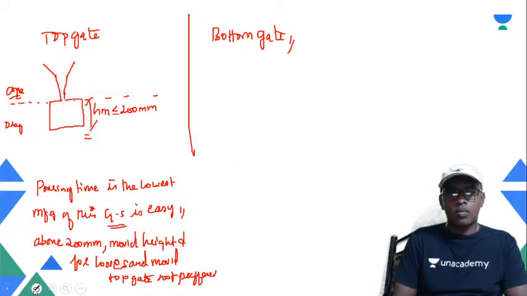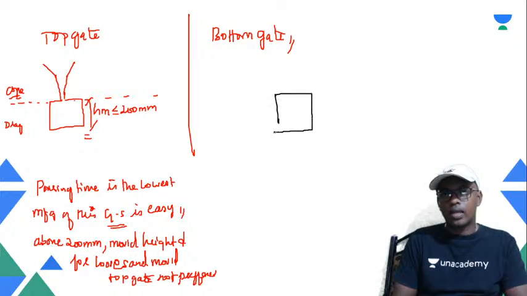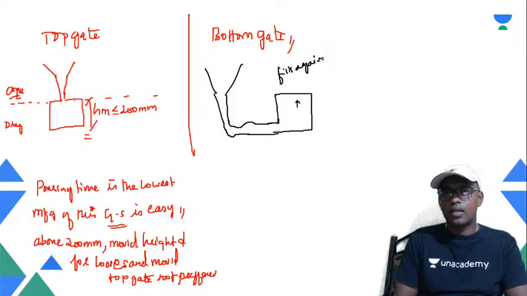Whereas coming to the bottom gating system, it is like the usual diagram that we make. The problem here, my dear people, is that it fills against the gravity. Correct? Fills against the gravity.